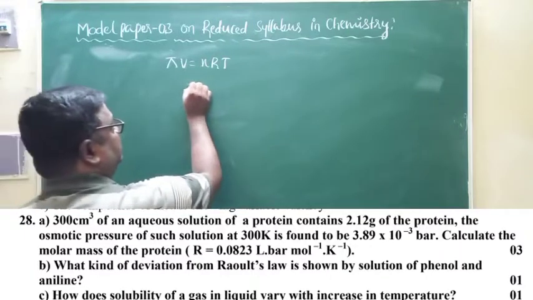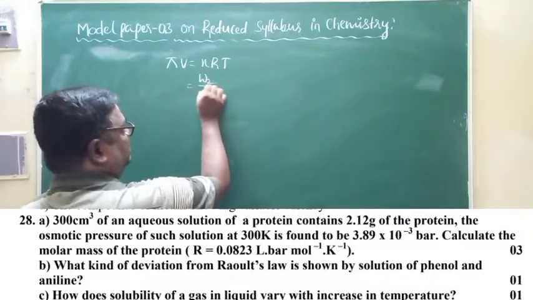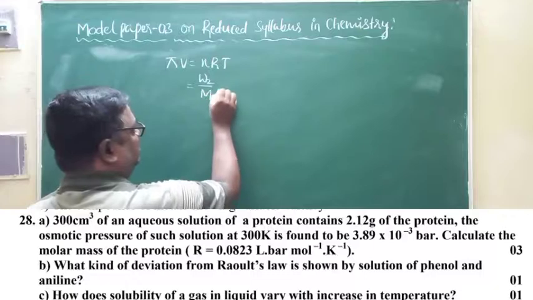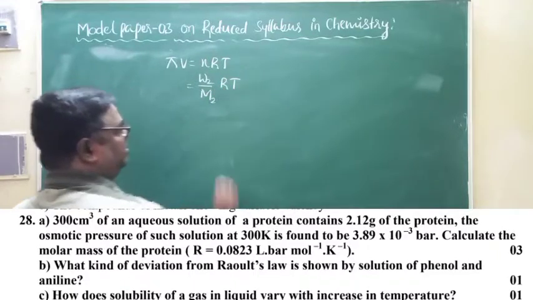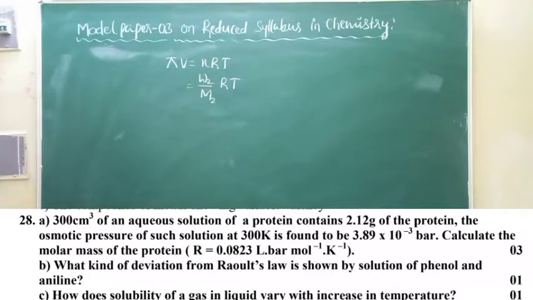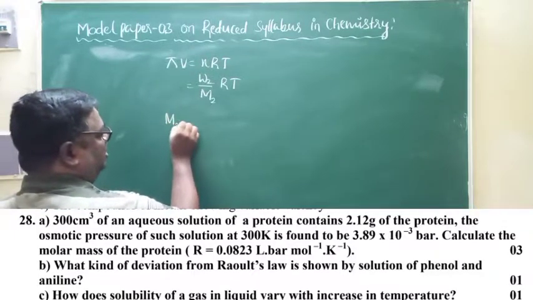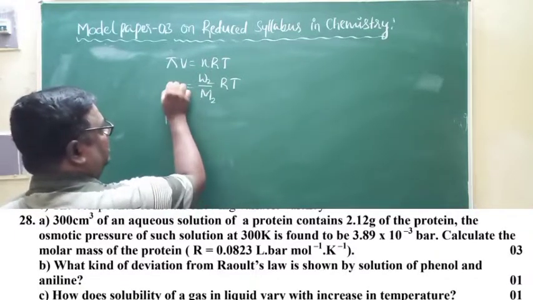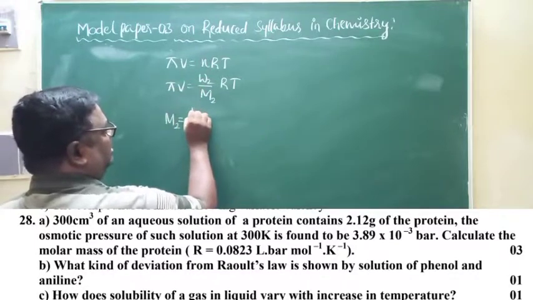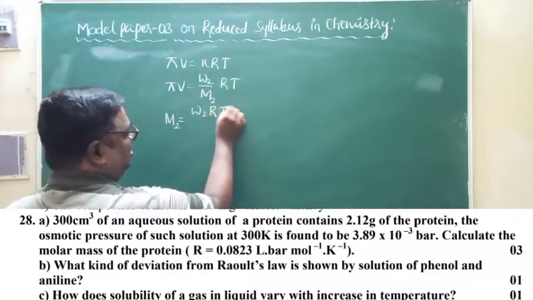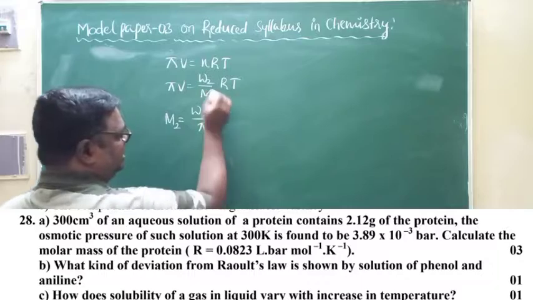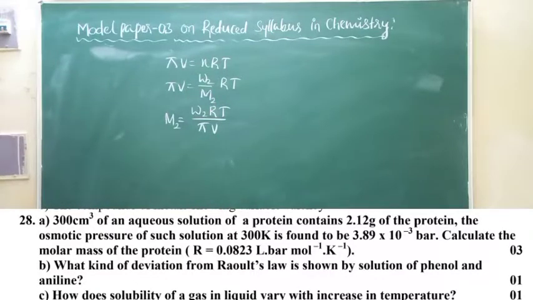I can replace n by mass of solute divided by molecular mass of solute, into RT. Number of moles can be replaced by mass by molecular mass. Therefore, the molecular mass of solute M2, cross multiplying, is W2 RT divided by piV. This is the formula that I can use.